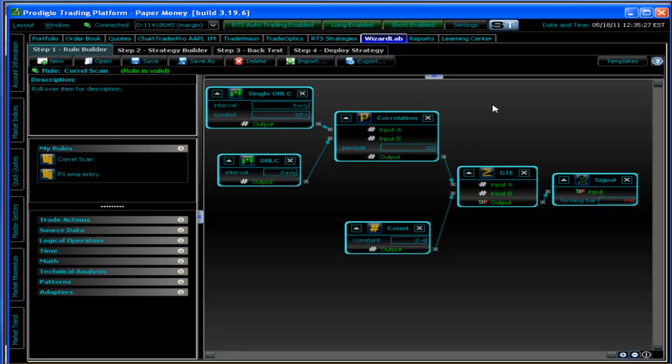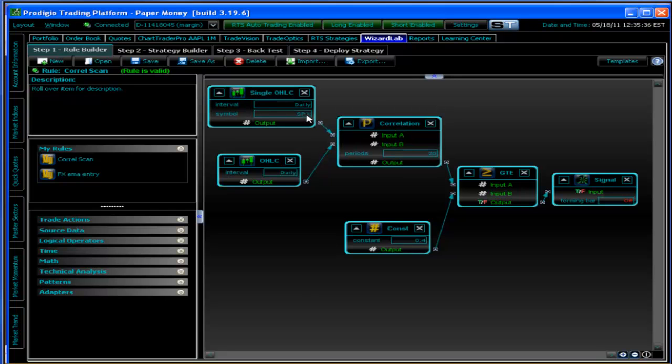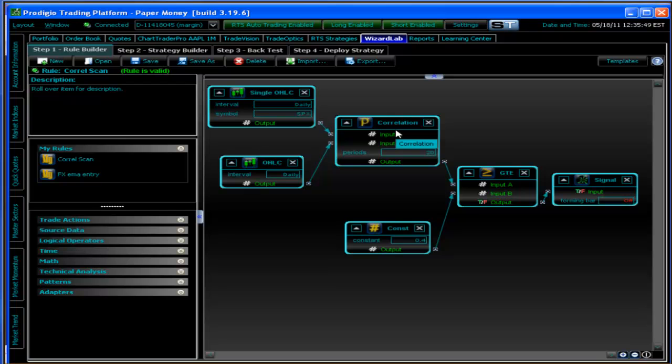A correlation is just a study that measures the relationship between two different stocks or securities or instruments. In this case I'm comparing SPX bars to all the other bars in my deployment symbol list, represented by this OHLC study right here.